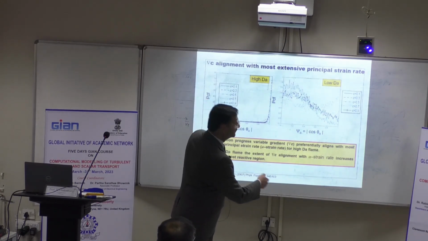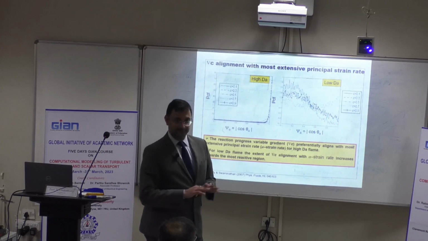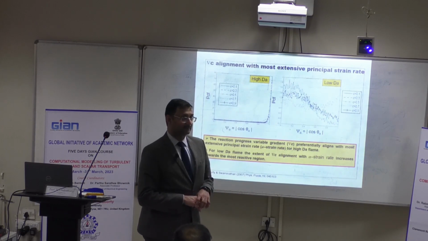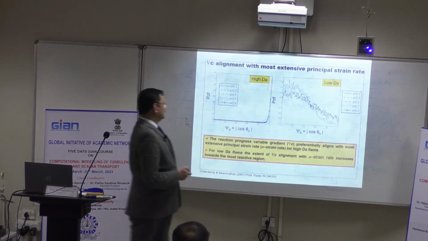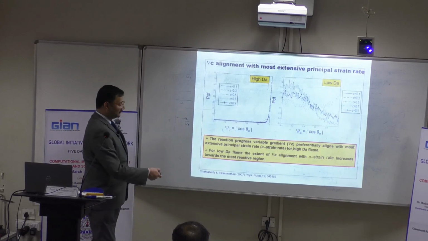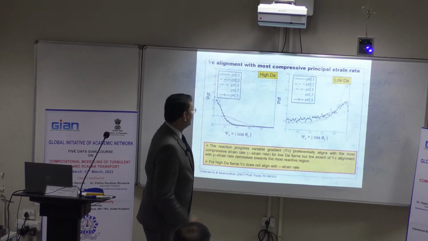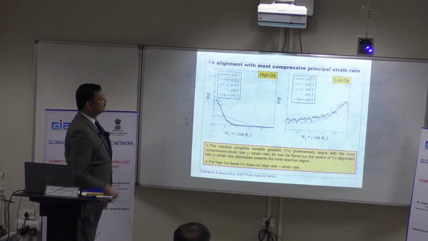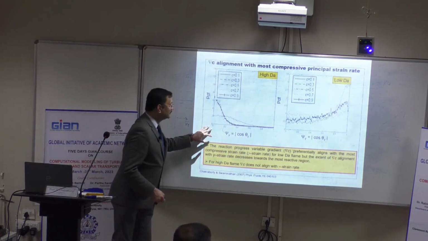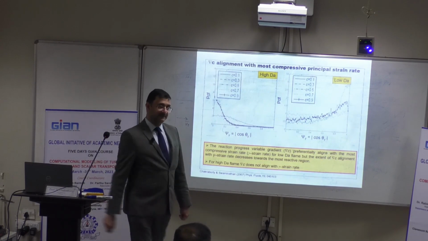Alignment with the positive. So this is what I have already said. These are basically the take-home messages, and essentially just the opposite thing you are going to see when you are looking at the alignment with the most compressive principal strain rate.